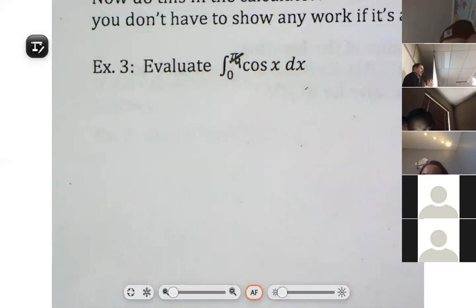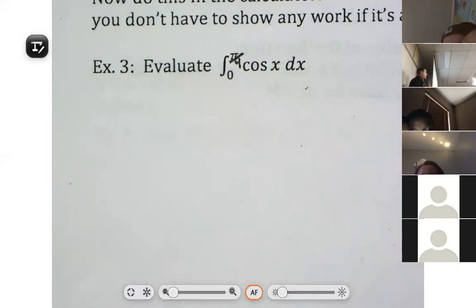Negative sine? What do you say? It's just positive sine. And it's easy to mix the signs up. I get that completely because last semester, every single time we would differentiate cosine to get negative sine. So it's easy to make that mistake.